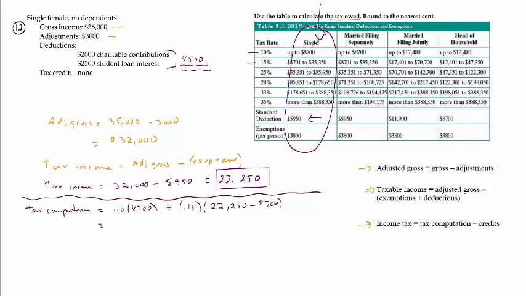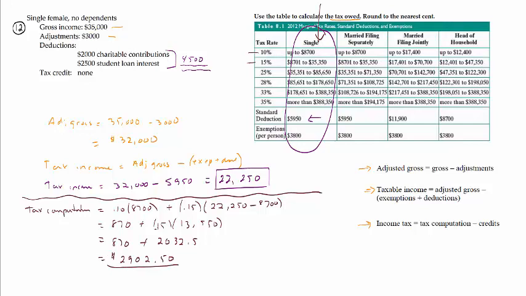So now working these numbers out here, I'm going to get 870 plus, then I have the 22,250, I'll just write it out, 0.15, that's going to be 13,550. So I get 870 plus, and then the 0.15 times the 13,550 is going to give me 2032.50. And so my total tax computation is going to be 2902.50.